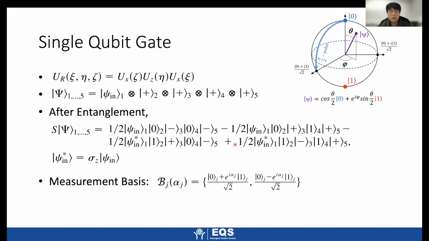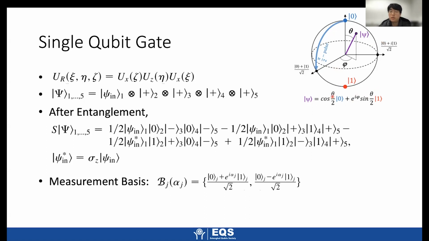Okay, so using this, we can implement single-qubit gates. Here is a general representation of single-qubit gates. For those who don't know about the Bloch sphere and single-qubit representation, here are some figures that help you understand. A single-qubit gate is essentially a rotation on this Bloch sphere.